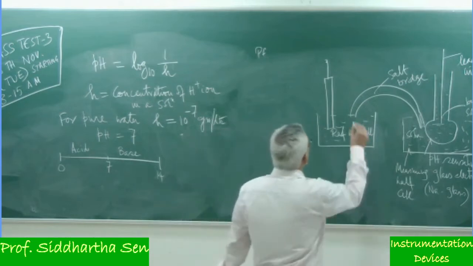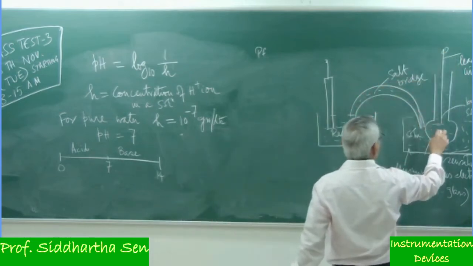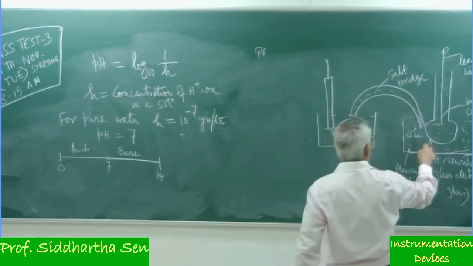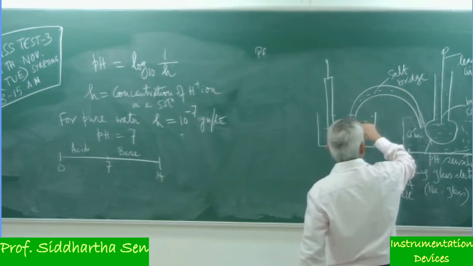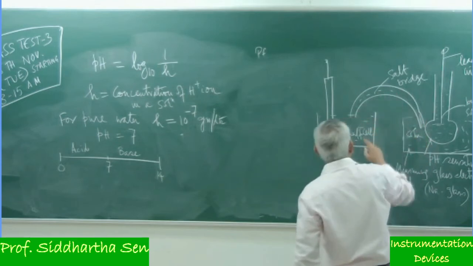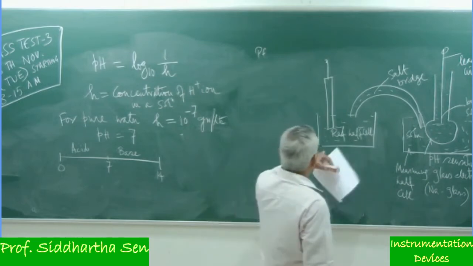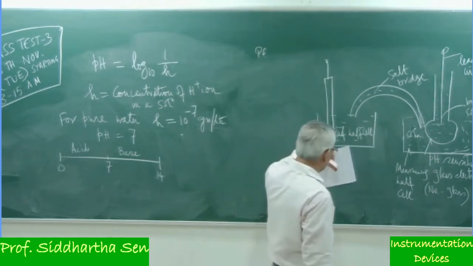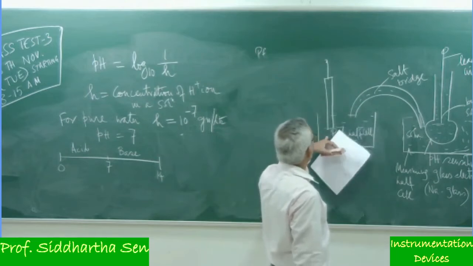Naturally now we can say that because this is connected electrically to this point, it has the same potential as the other one. In the reference half cell, the concentration is constant and we know the potential.